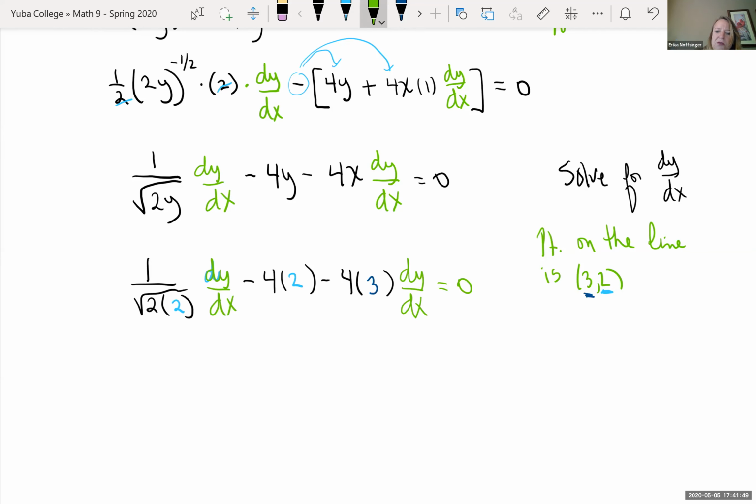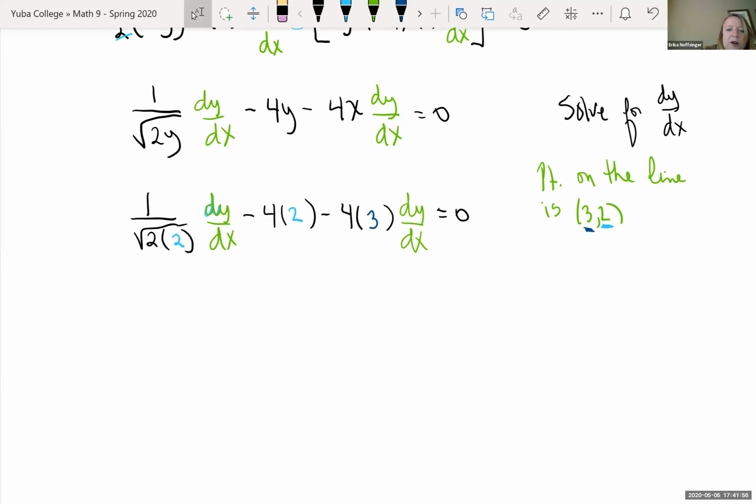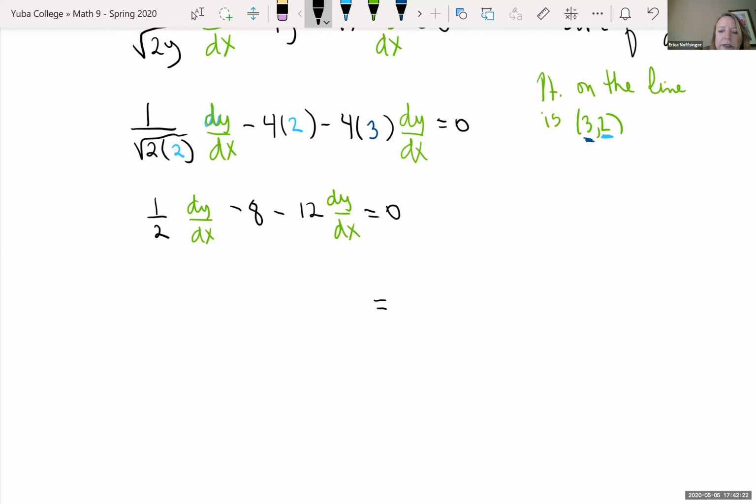And so we can simplify. Well, we have 1 over the square root of 4, which is 1/2 dy/dx, minus 4 times 2 is 8, minus 4 times 3 is 12 dy/dx, is equal to 0. So let's add 8 to both sides of our equation to get dy/dx by itself.